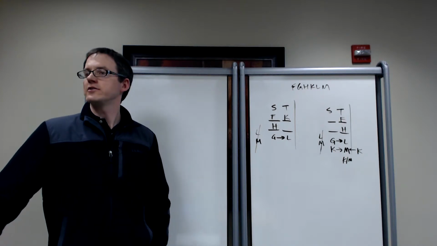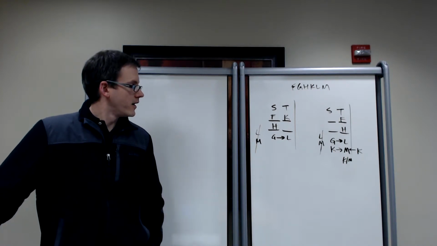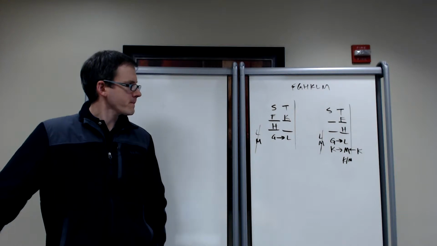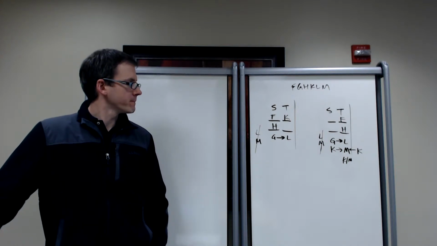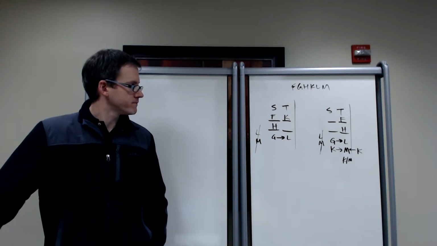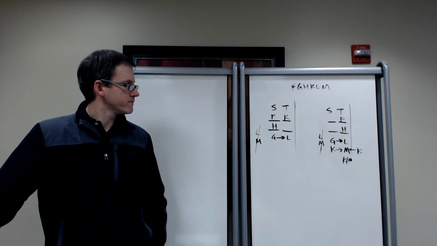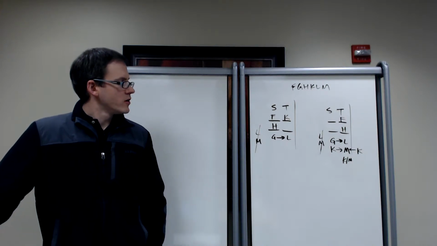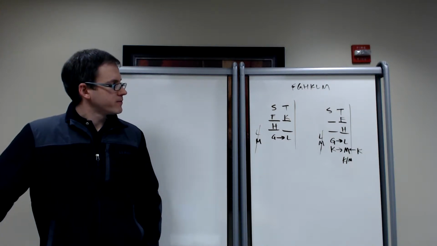What rules are linked together, John? So if K's not in T, G can't be in S because that would force L and M together. Well, if K is not there, you're saying?